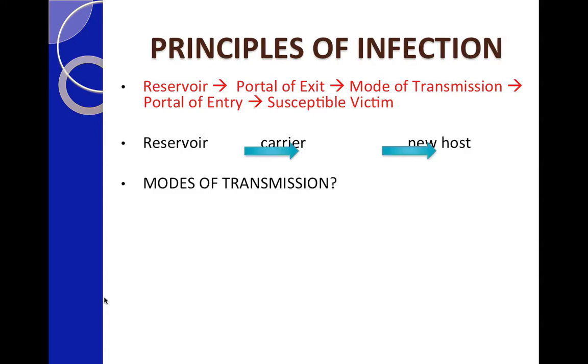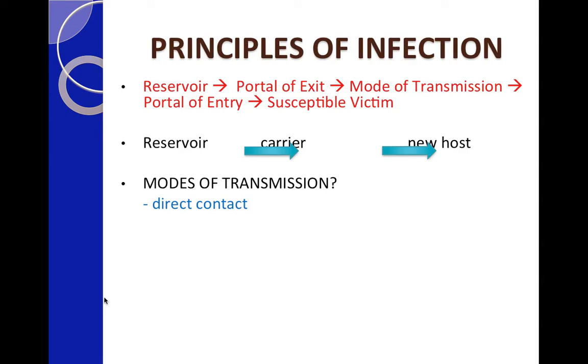Different modes of transmission. We can have direct contact. So this is where one individual has direct contact with another person. So it could be like having an infectious lesion, sexual intercourse.